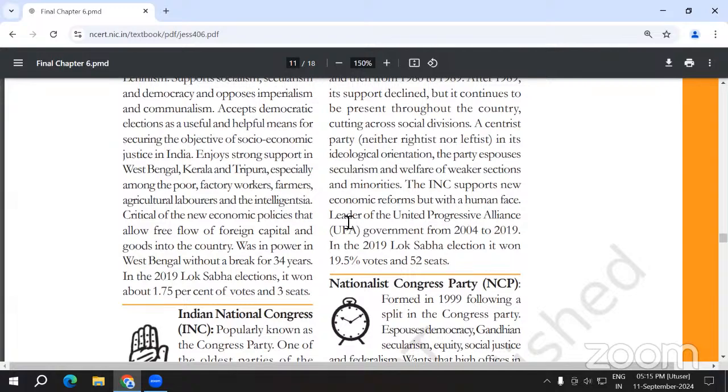When it became a national party? 2015. And it is having government in West Bengal continuously from 2011 onwards. Actually, this Mamata Banerjee was with the Congress for a long time, and then only she broke from that Congress and formed her own party. Understood? So that is why that word Congress is still there.